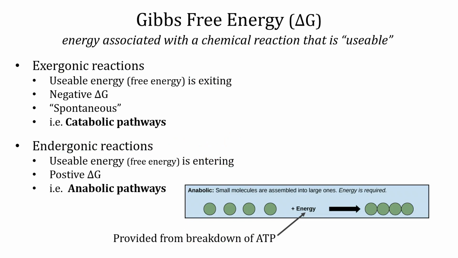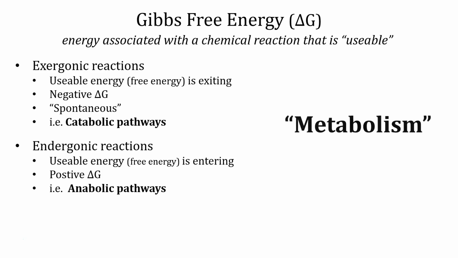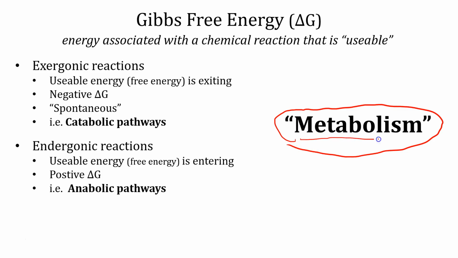And so if you take kind of a grand summation or a grand calculation of all of the energy transfers in the cell and what is truly happening in the end, we call that metabolism. So metabolism would be like if I added up all of the chemical reactions, all of the ones that are endergonic and all the ones that are exergonic, how much energy are we really putting into the system or losing out of the system. That's the word metabolism.